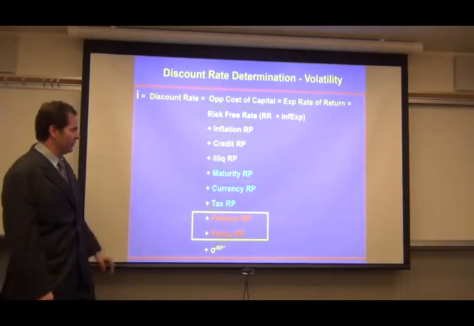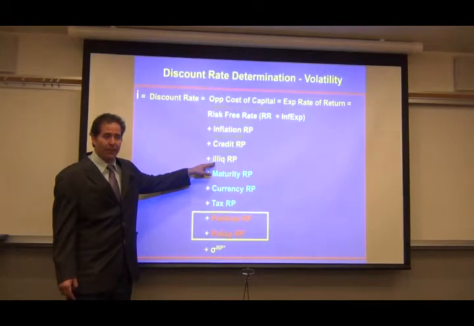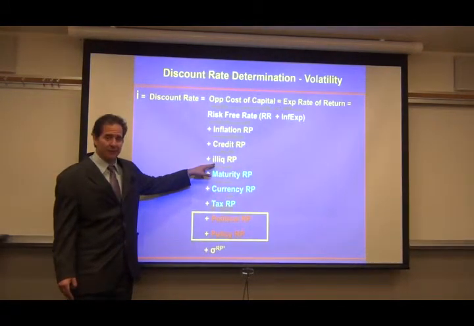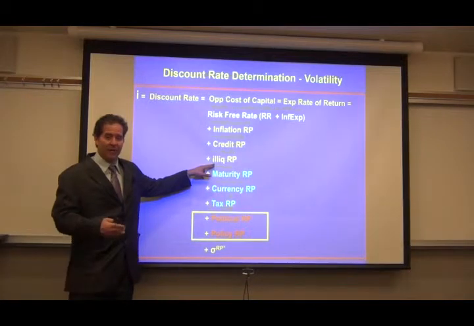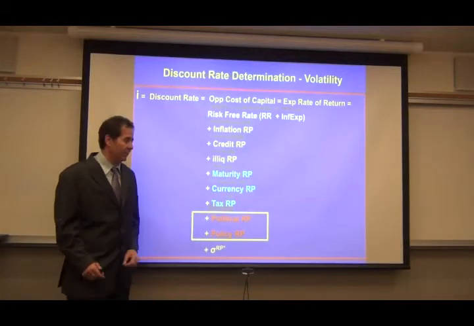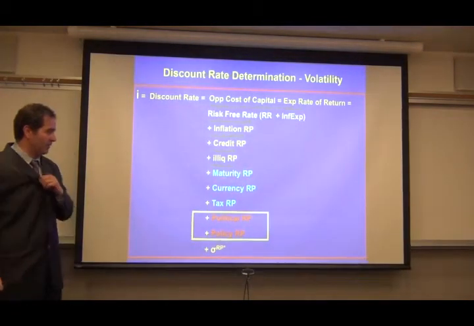Illiquidity risk premium: your stock or your bonds, if you're a smaller firm, are not treasuries, which are highly liquid. They're probably going to be illiquid. The investor may want to liquidate their position but may not be able to, because there's not a ready market for their stock or their bonds. So you have to include an illiquidity risk premium.